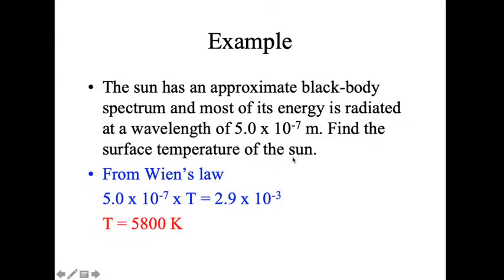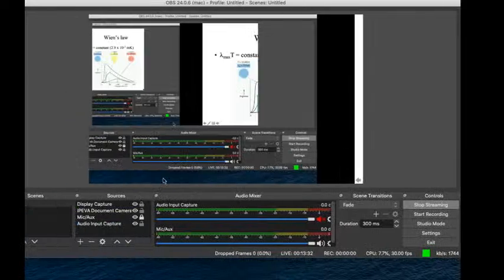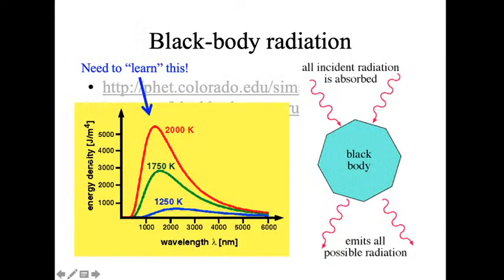If we want to find the surface temperature, we're going to use Wien's law. So temperature would equal our constant divided by our wavelength of that majority or highest energy, right? So that peak. So most of the energy is radiated, represented by the peak of our energy density, right? So more energy is being radiated at that peak wavelength for that black body.